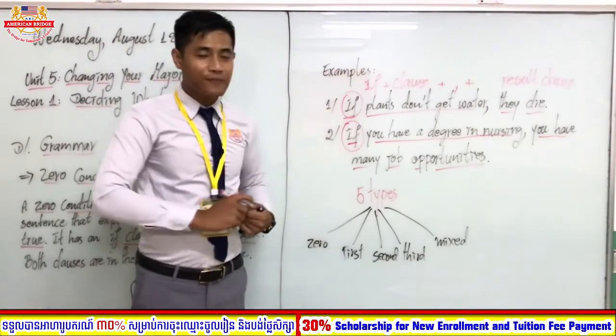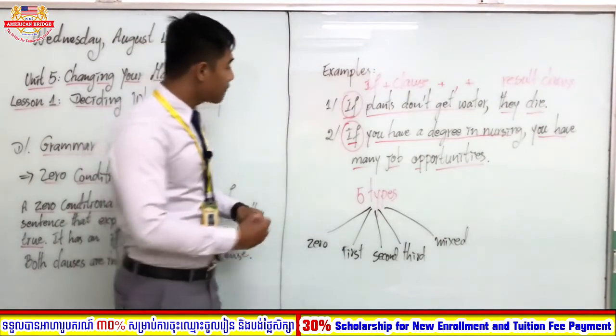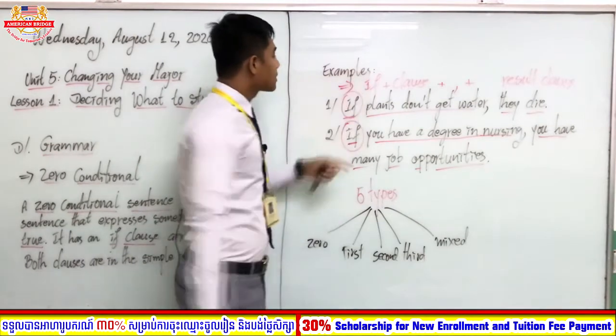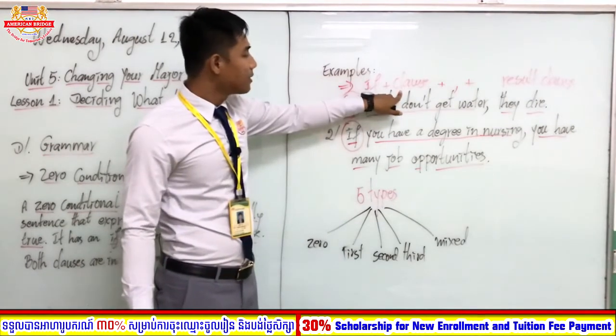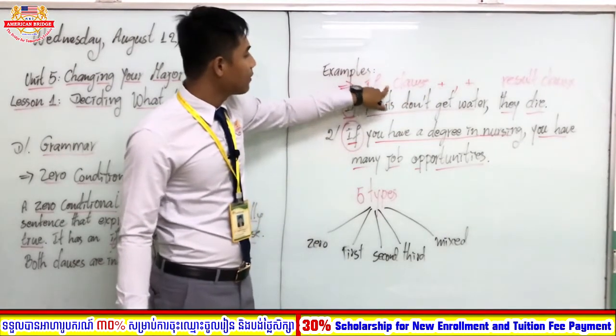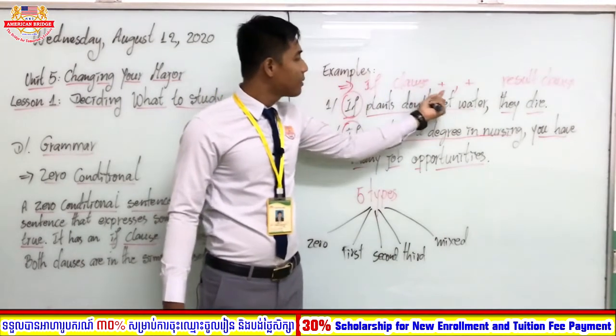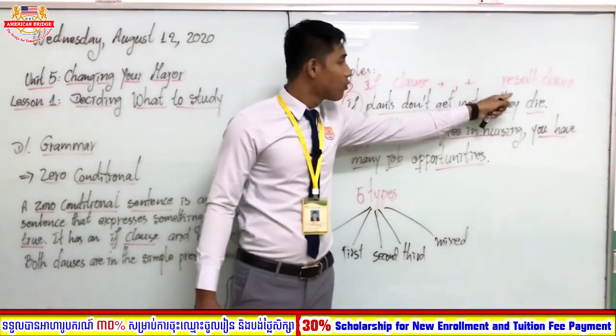Any question? Okay, so teacher will tell you about the form, students. So this is the form of zero conditional. So if clause, okay, you will be confused by this, so let teacher read this. If clause plus comma plus result clause.